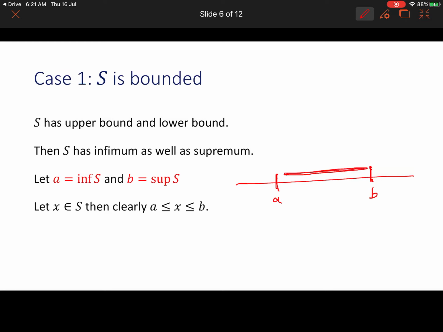So you take any X from capital S, it will lie between A and B. So let X be an element of S, then A less than or equal to X less than or equal to B. If A less than or equal to X less than or equal to B, this means X is an element of closed interval AB. So you take any X from S, that is in closed interval AB, which means S is a subset of closed interval AB. We need this result.